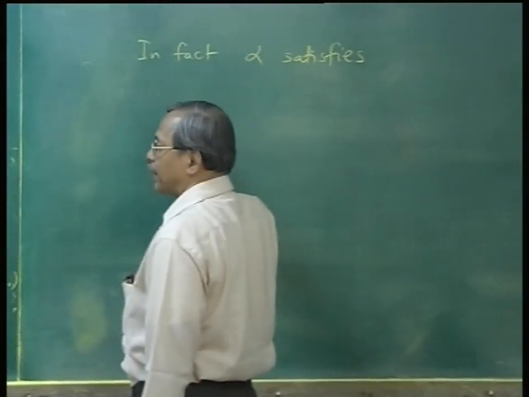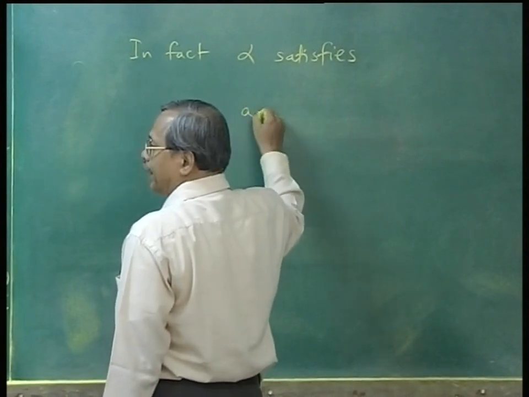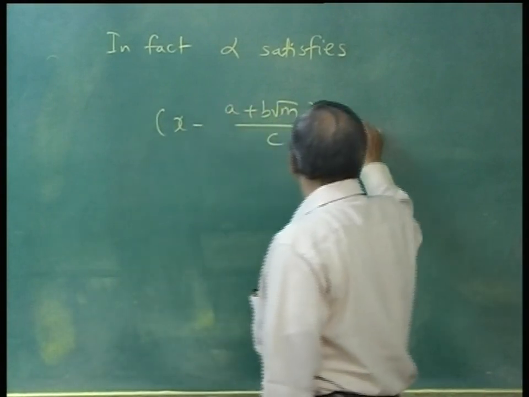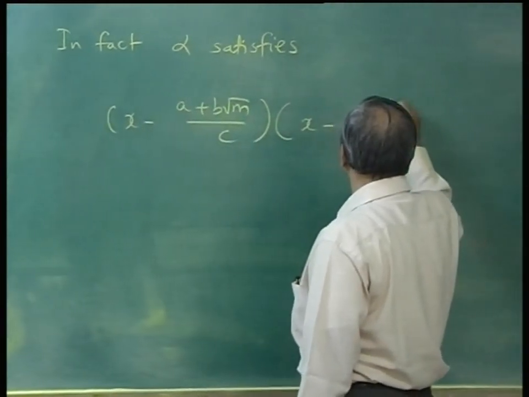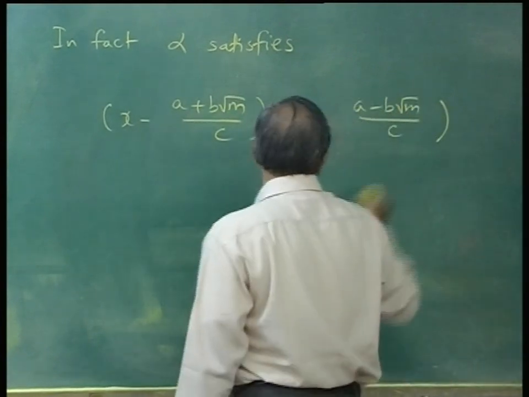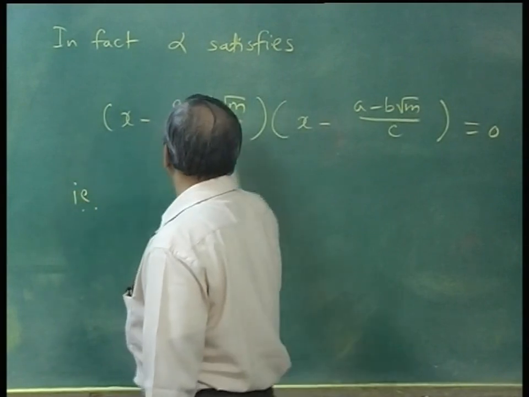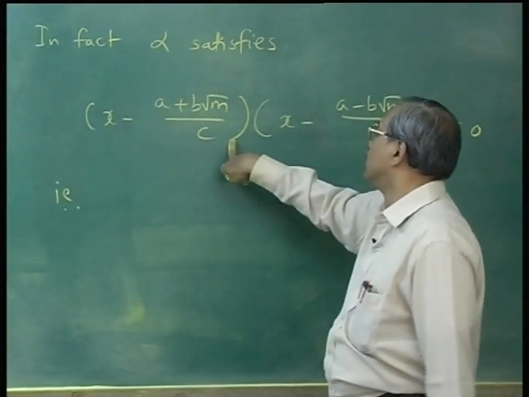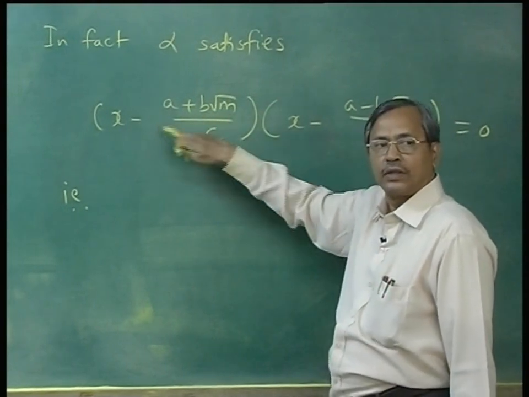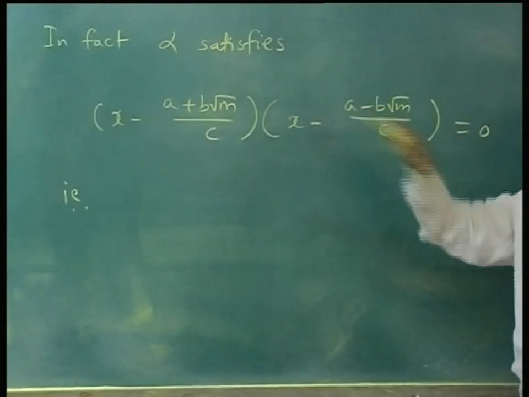So it is easy to obtain it in the following way: x minus a plus b root m by c into x minus a minus b root m by c equal to 0. Okay, this is the first factor, x minus alpha. So certainly if you add something here, an additional factor, then this is satisfied by alpha.